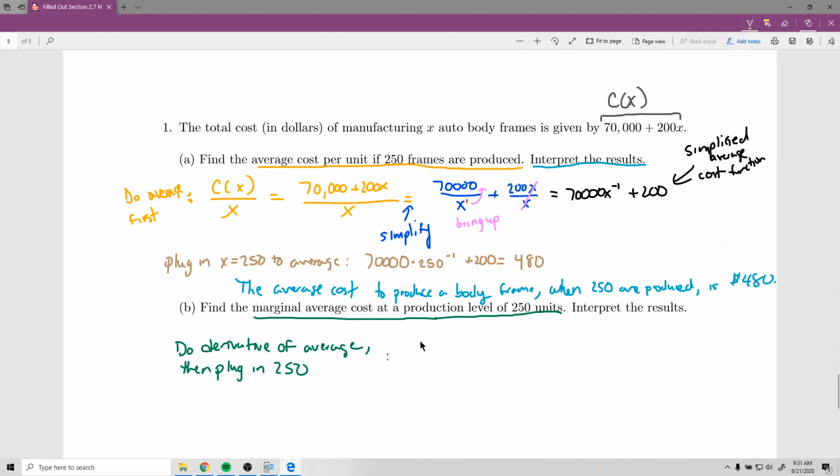All right, so we want to do the derivative of the average, and the average cost function was 70,000 x to the -1 plus 200. If you take the time to figure out the average cost and simplify it, use the simplified version. Do the derivative of each part.